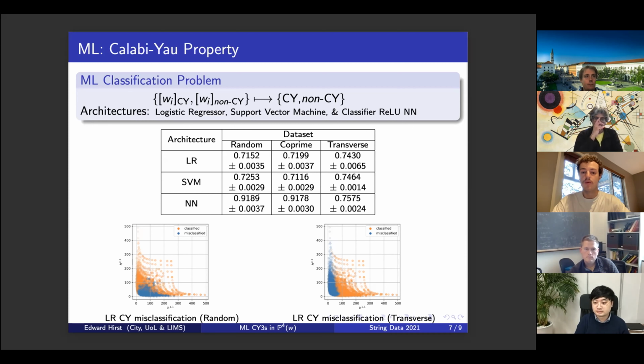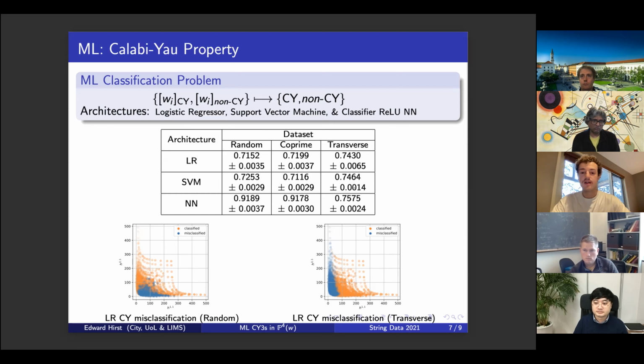And particularly the neural networks perform better for these random and co-prime databases, over 90%, so a more reassuring result for machine learners. But interestingly enough, when this transversity property is included into the non-CY database, such that all of the database trained and tested on has transversity, then the performance drops. So again, this is probably indicating the net is somehow using this transversity in these 2 cases to do the prediction.